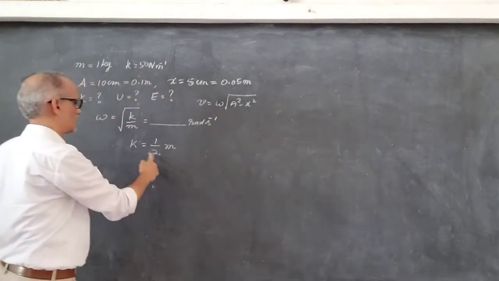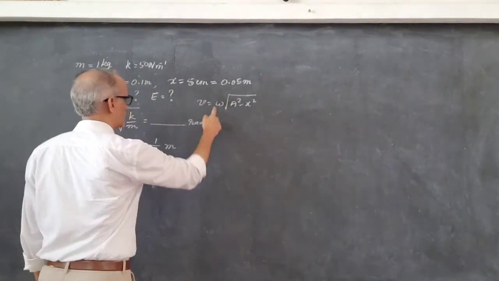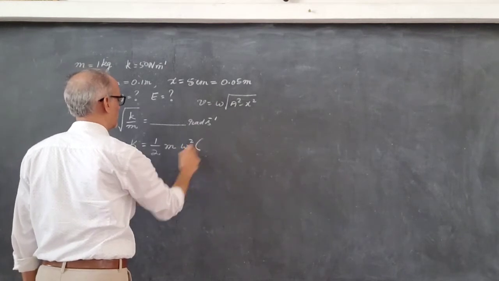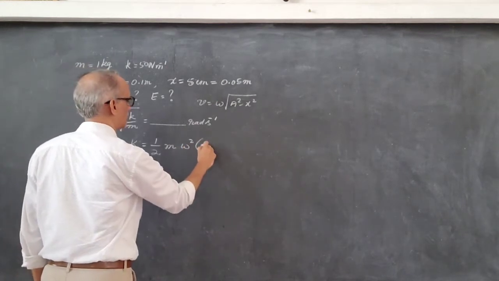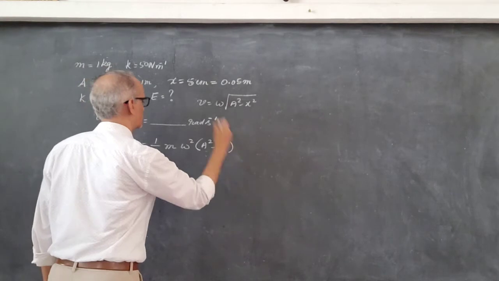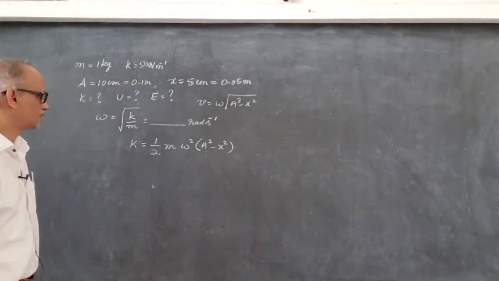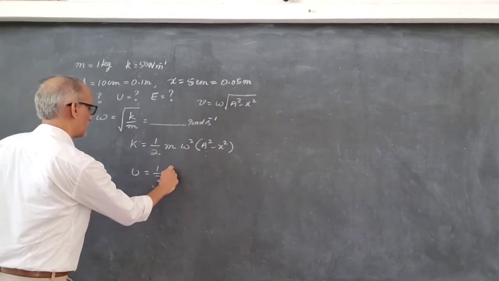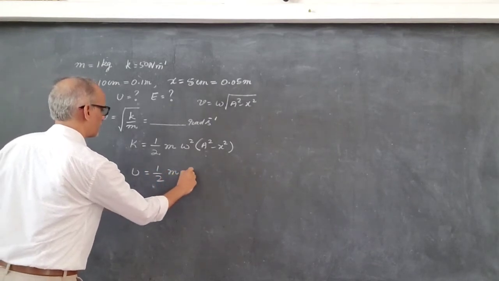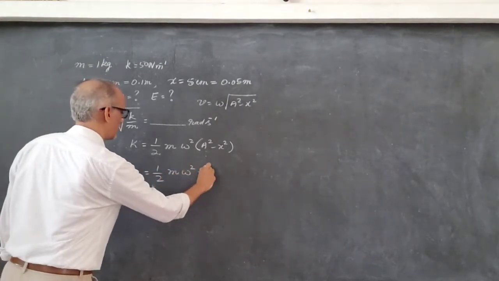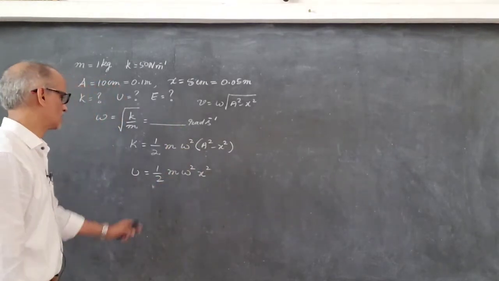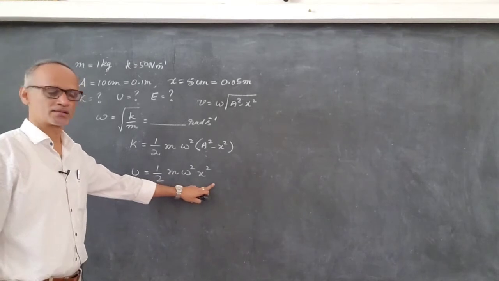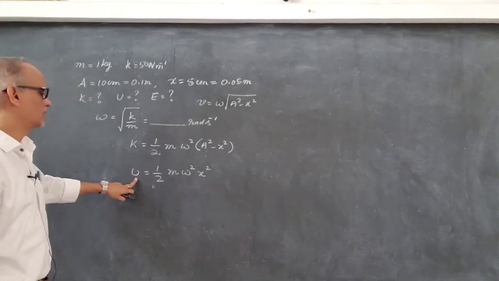So, half m v square, when I square it, I will get omega square into A square minus x square. So, this is the formula for kinetic energy. For potential energy, it is half m omega square x square. That is the formula for the potential energy.